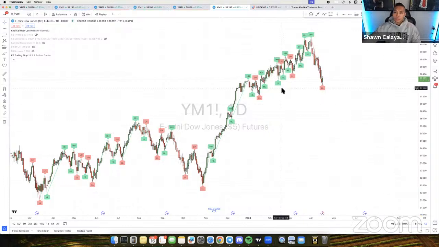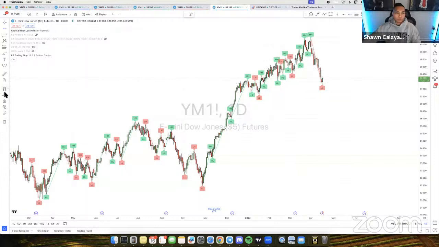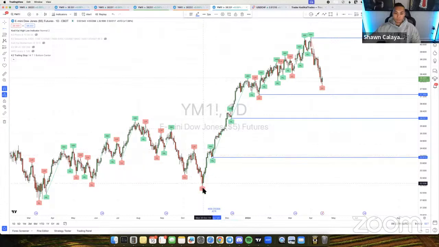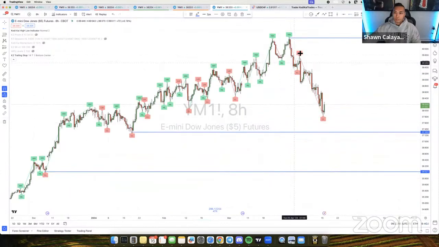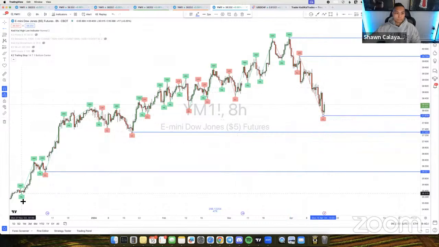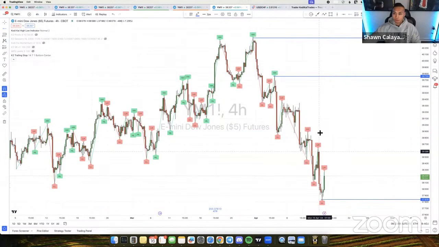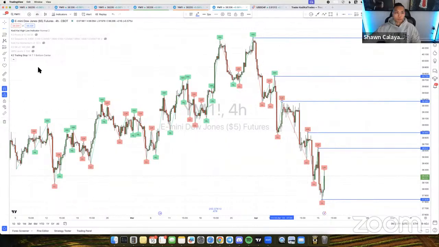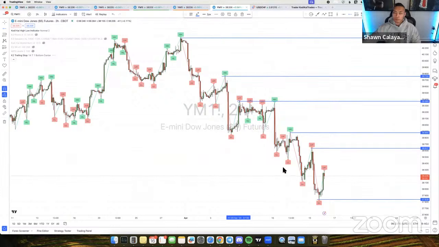All right. As people join in, I'm going to go ahead and start market liquidity over here. Starting off with the daily time frame. Going down to the 8-hour. Down to the 4-hour. Down to the 2-hour.